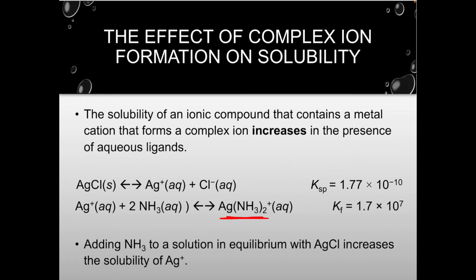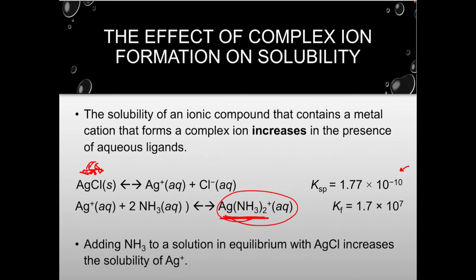Okay, so if we add ammonia to a solution that is in equilibrium with our silver chloride solid, then we can increase the solubility of the silver ion, right? Because this complex ion here is essentially removing the silver from the solution. Okay, so say we had a big pile of silver chloride sitting at the bottom of our solution. Okay, and we had a little bit of silver, a little bit of chlorine, right? Not very much, but we had some in solution.